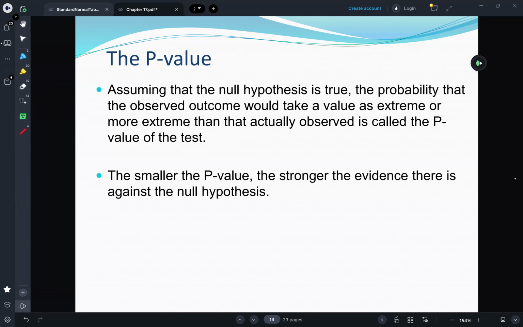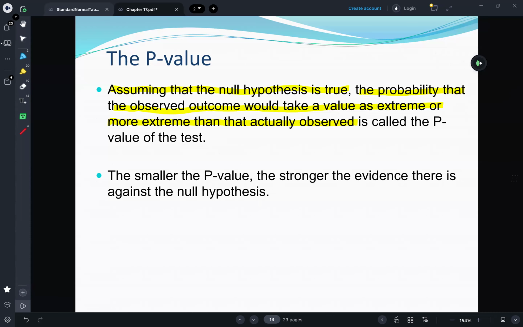So that's the formal definition. It's the probability that the observed outcome would take a value as extreme or more extreme than actually observed. And we always assume that the null hypothesis is true.